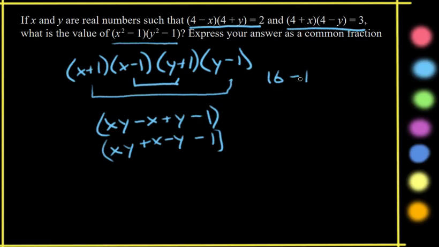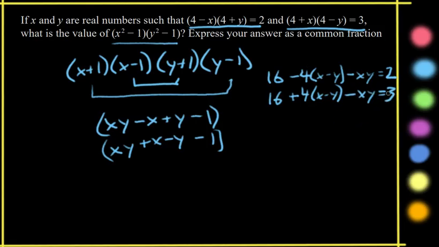Yeah, minus 4 times x minus y, because that'll give us a negative x and a positive y. And then you've got minus xy equals 2. And then if we do the other one, we get something similar. It's 16 plus 4 times x minus y. Here's that x minus y that we're looking for, and the xy. And then you've got a minus xy here, and that's equal to 3.